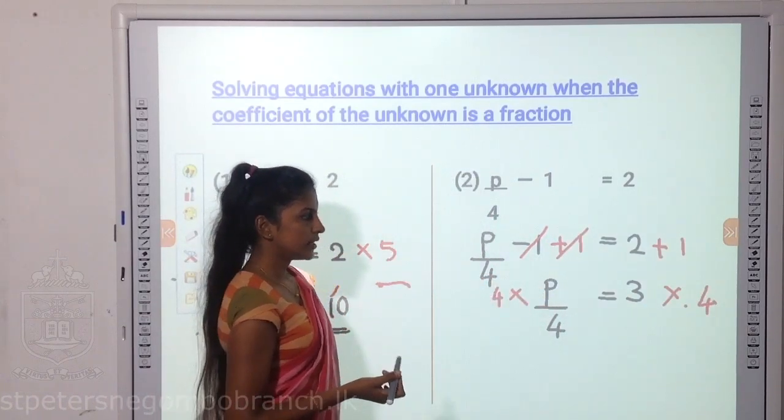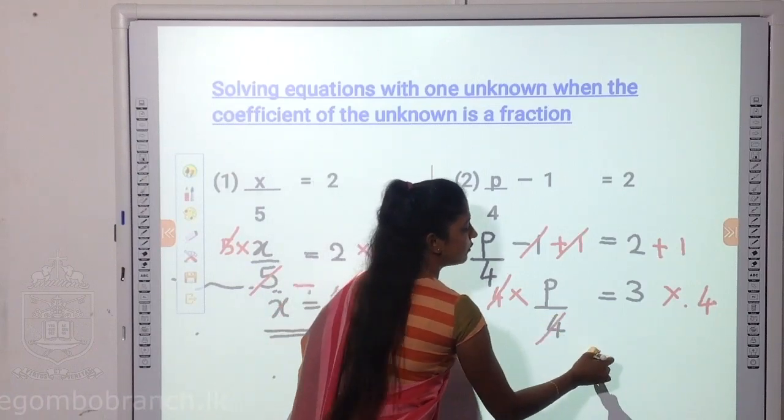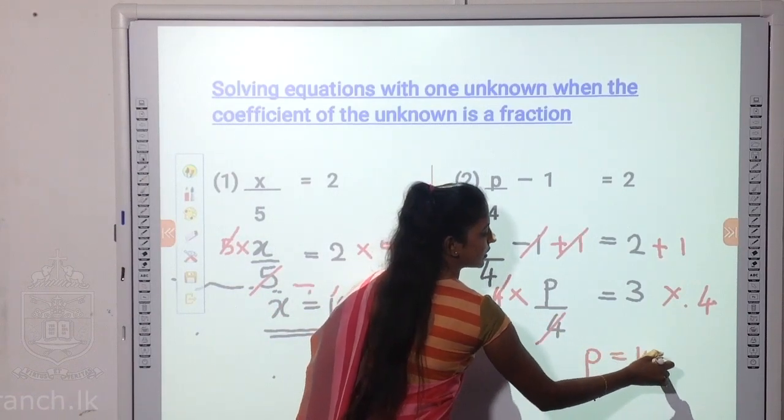So you can multiply both sides by 4. 4 will cancel off. P equals 12 is the answer.